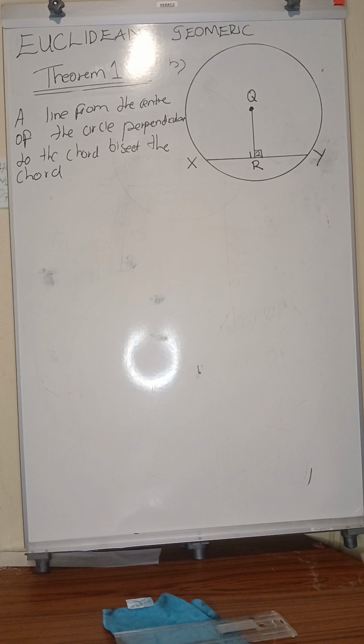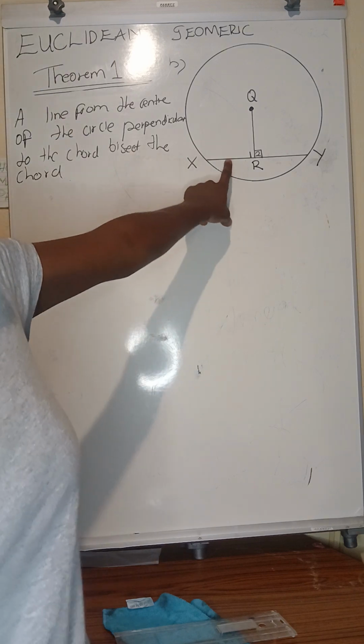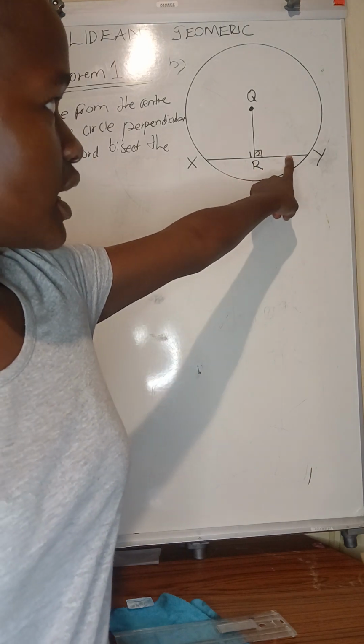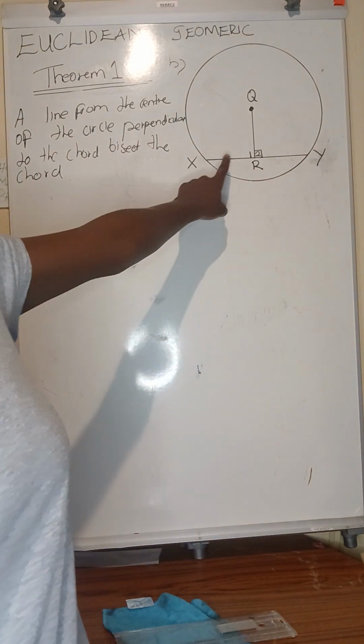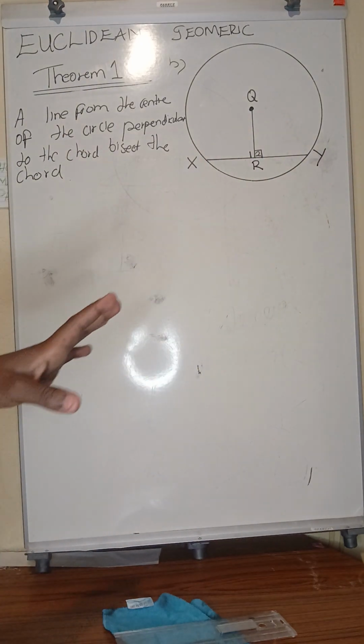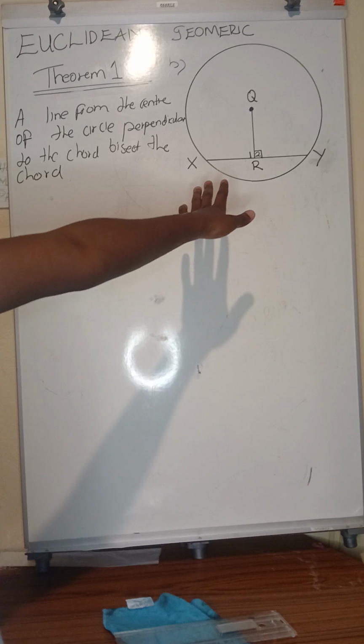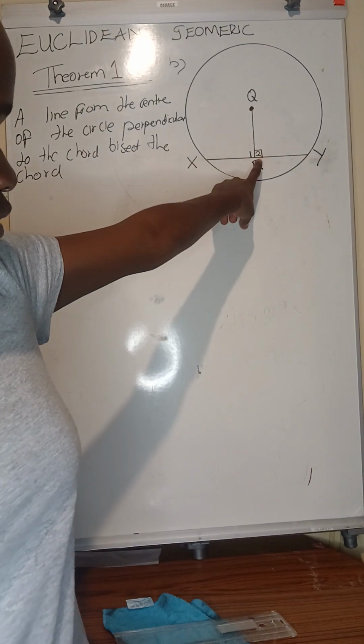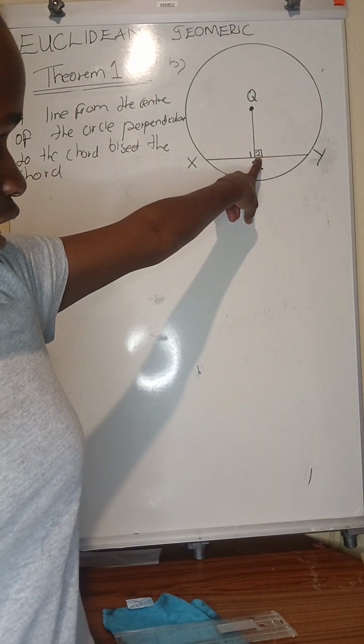So the difference here is the previous circle had arrows that showed that this line is equal to this one. This one is different. This one has the 90 degrees here. You can check.